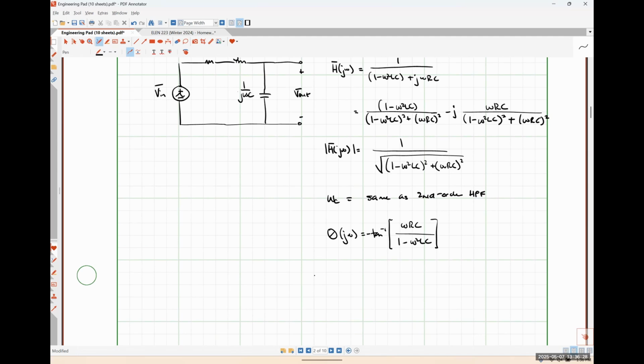Voltage drop across the inductor is how we got a high pass filter. So what do you guys think we're going to take the voltage drop over to get a band stop filter? So a band stop filter means that we're going to pass low frequency signals and pass high frequency signals and attenuate middle frequency signals.